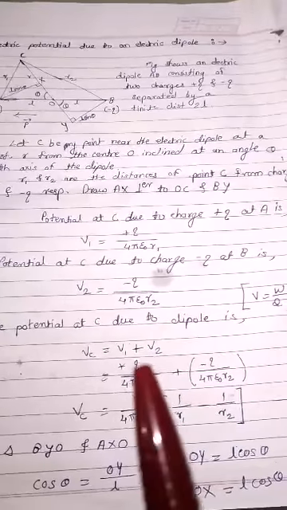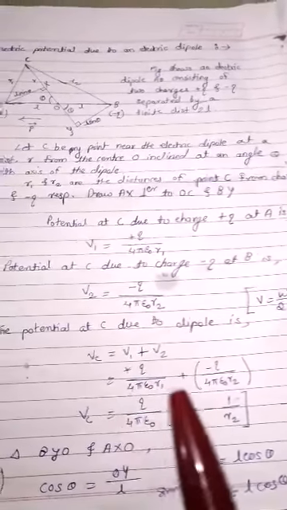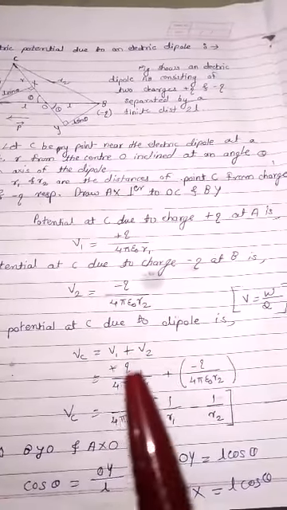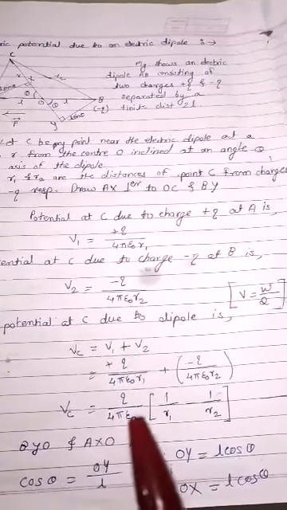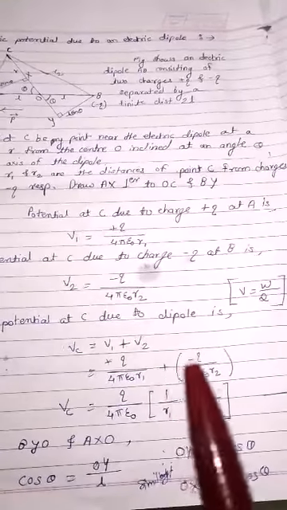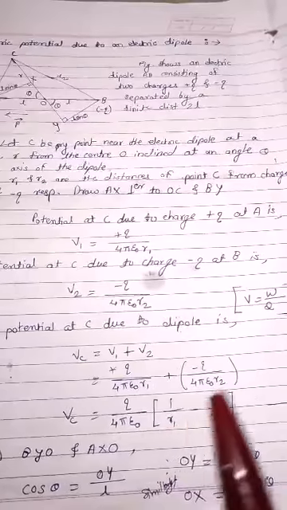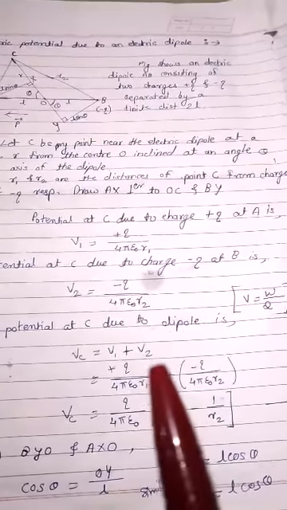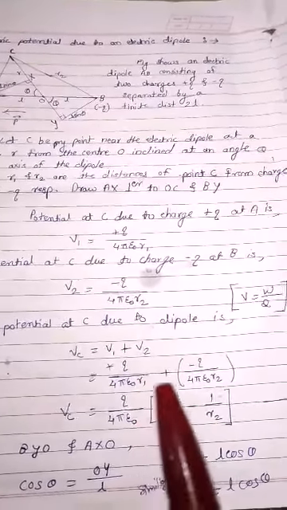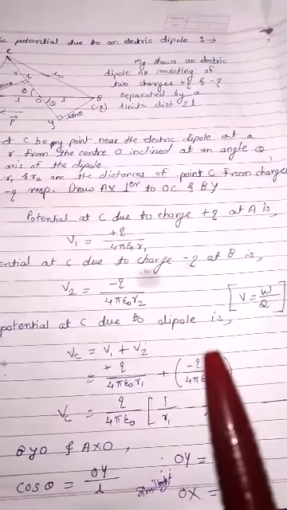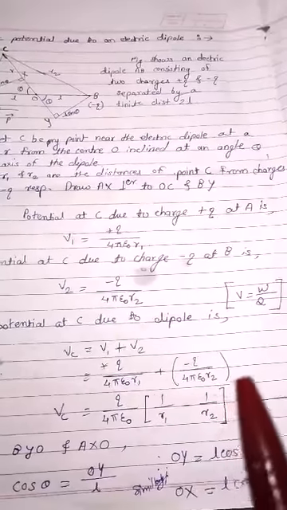Q upon 4 pi epsilon naught is the same in both, so take it outside of the bracket, and the remaining terms are 1 upon R1, minus 1 upon R2, in the bracket.